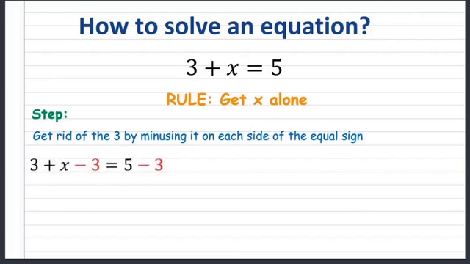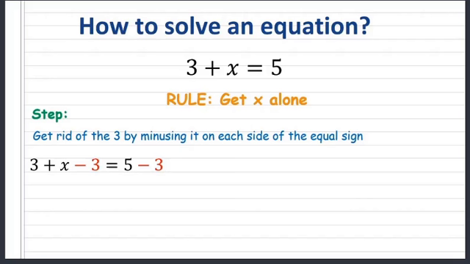So then that would be 3 plus x minus 3 is equal to 5 minus 3. And why do we minus 3 on each side? If we think back to the analogy of the two-sided scale, if I take 3 apples from one side, I have to take 3 apples from the other side as well to ensure that the scale is still balanced.